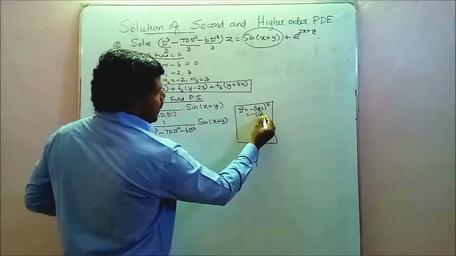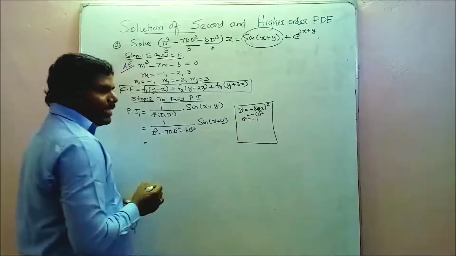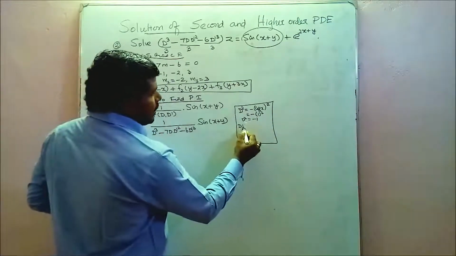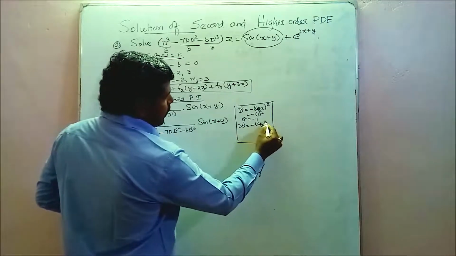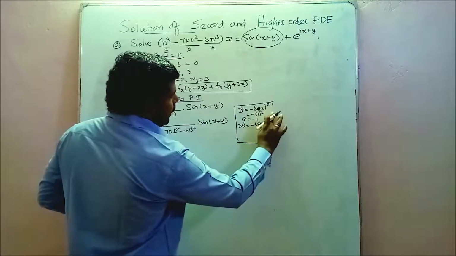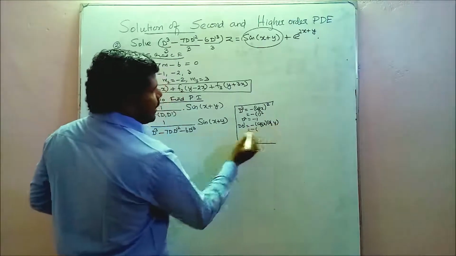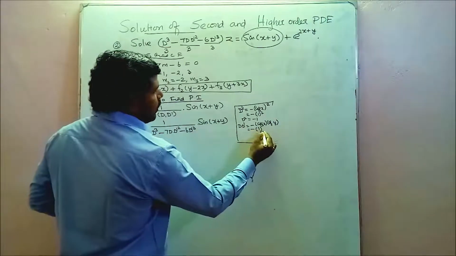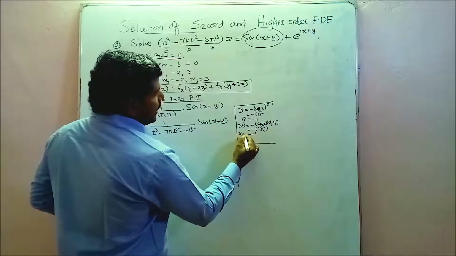So 1 square, that is equal to minus 1. So but d square equal to minus 1. d dash is equal to minus coefficient of x into coefficient of y. So into coefficient of y. That is equal to minus coefficient of x is 1, coefficient of y is 1, that is equal to minus 1 d dash.